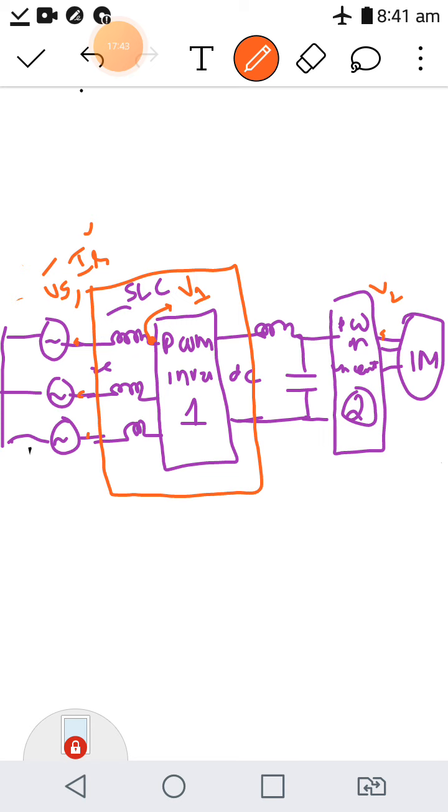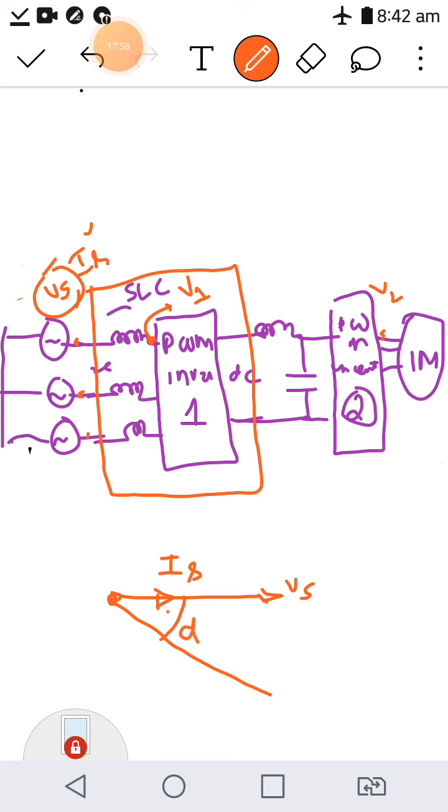For example, during motoring mode of operation, this is a phase diagram. Vs is the supply voltage, and Is is in phase with Vs. Based on that Is, at some angle we have to generate this V1. This is the principle: Vs should be in phase with Is.